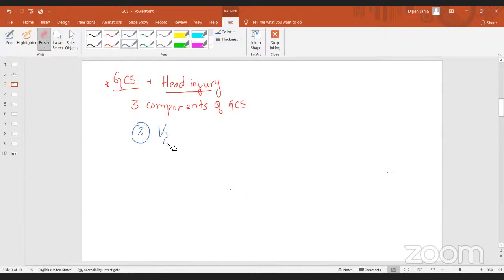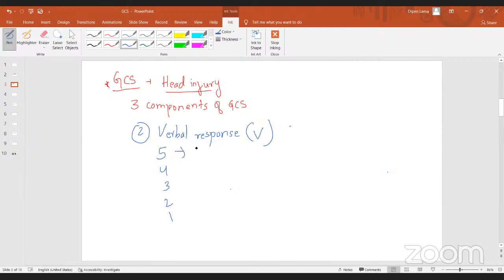So verbal response V. For verbal response, the maximum is 5. The maximum is 5, 4, 3, 2, 1. Okay.